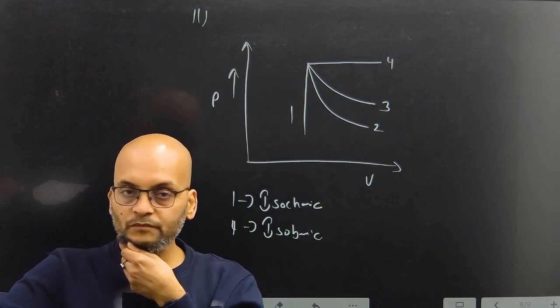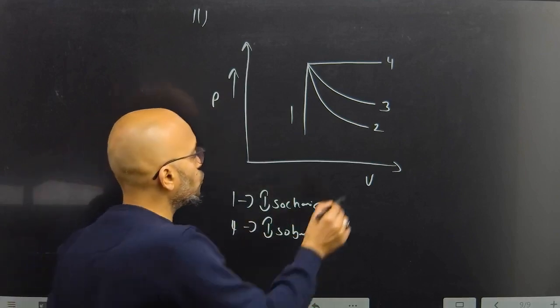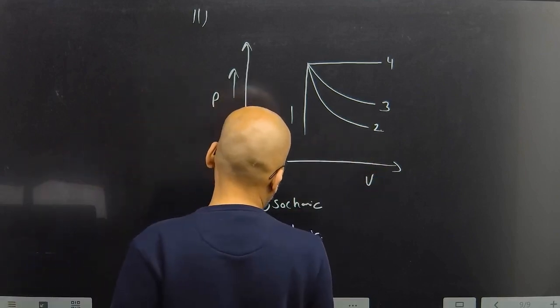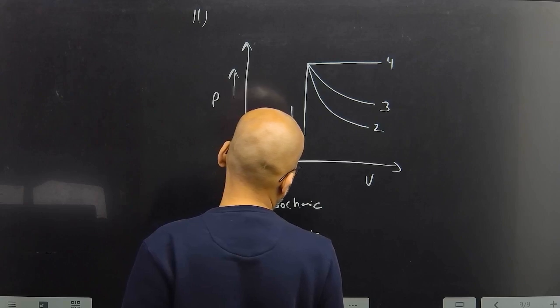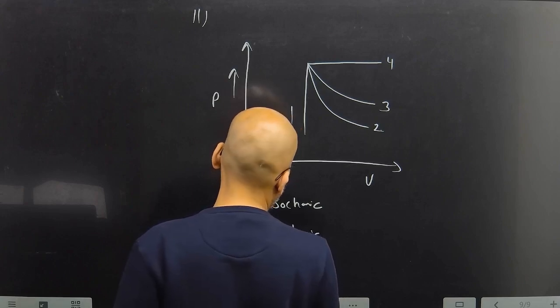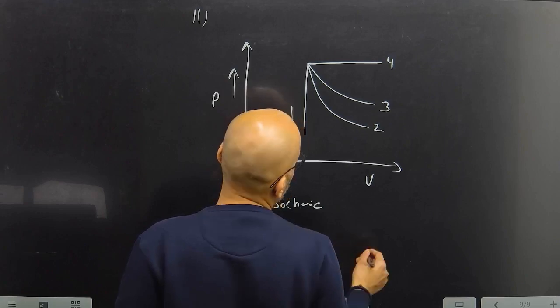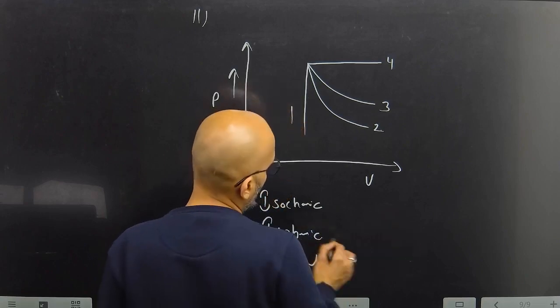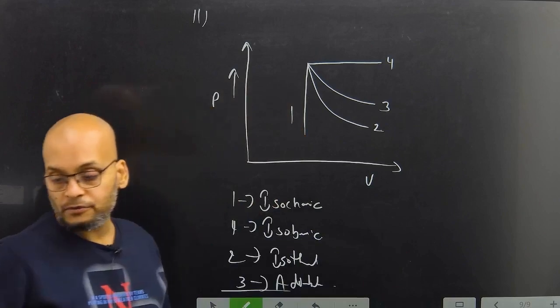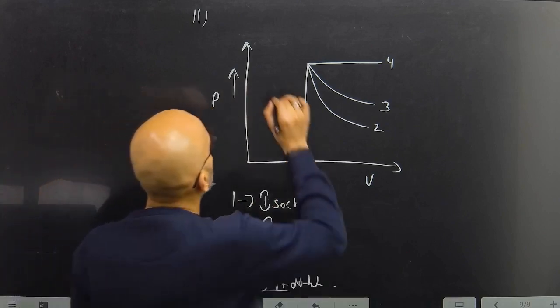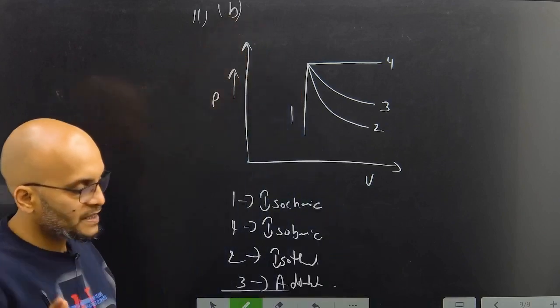Yes or no? So your 2 is isothermal and your 3 is adiabatic. So they are asking you which is adiabatic? 3. So which option is it? Option B. Fine. Process 3 is adiabatic.